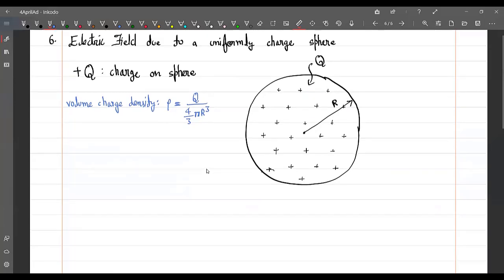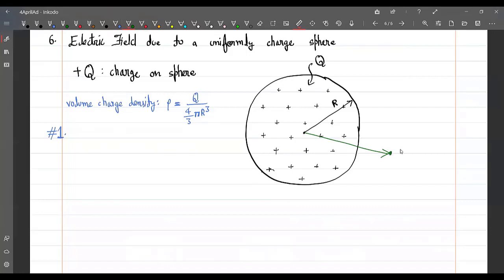Now see, first we'll take the easy portion. Easy portion means I will take a Gaussian surface which is outside the sphere. So I'll take case 1. In case 1, I have to find the electric field at a point which is outside the sphere.